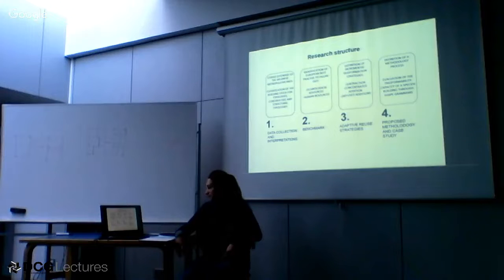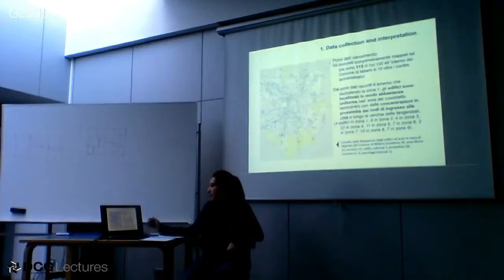And the last part is the application of the shape grammar methodology to the refurbishment of a case study. So these slides are in Italian because I took some elements from a previous presentation. It's just the map of Milan and some visualization of the buildings that are part of my census. The buildings are a lot.